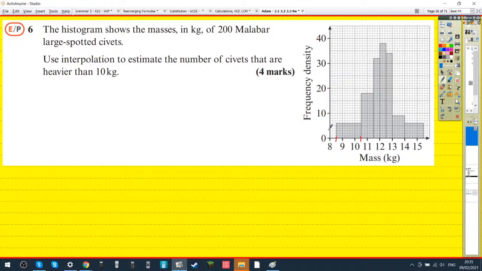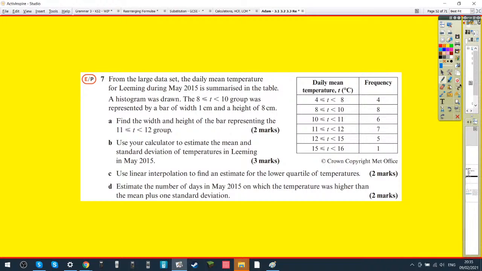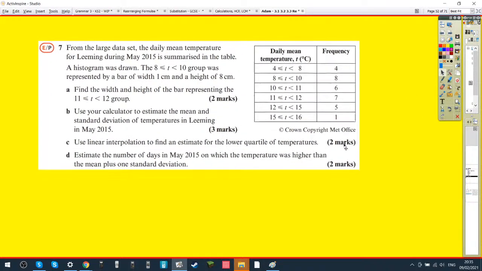And so let's say this bit here, from 10 to 10.5, what fraction of that group is that? Is that a third? Oh, it's a quarter. Yeah. And so you would just find a quarter of those people. That's how you go about interpolation for that. It's an easier interpolation than what you've done before.